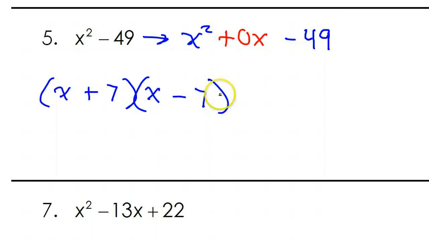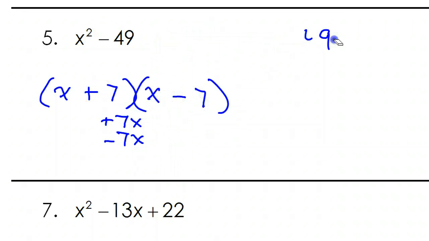So it still works like all the other problems we've been doing, but x squared is x times x, 49 is 7 times 7, and if we have an inner of 7x and an outer of 7x, well, if I want the middle to be 0, I need a plus and a minus to make that happen. And so that's what I did. But this is so common that it's worth just memorizing x plus 7, x minus 7.